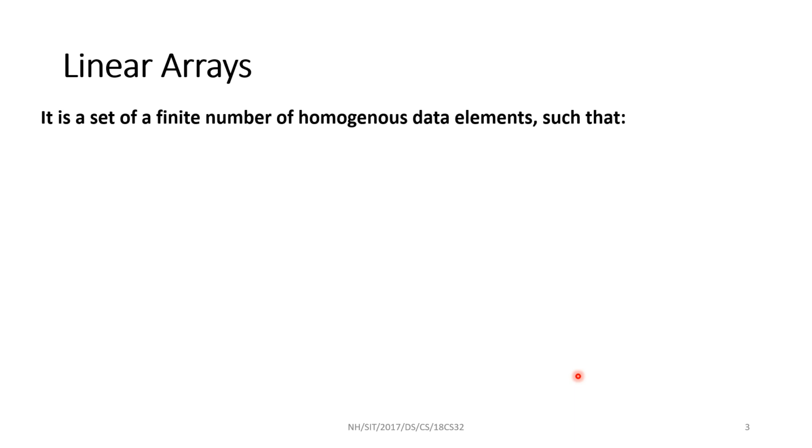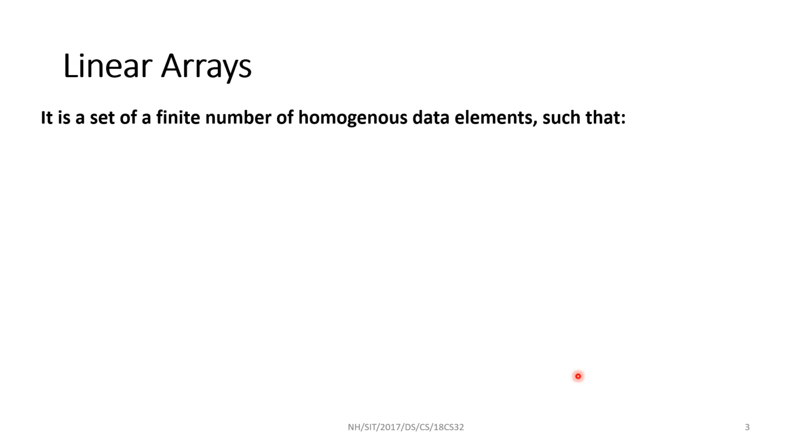Linear arrays. How do you define linear arrays? It is a collection of elements, but the elements are of the same type. Another restriction is that we know the number of elements in the array.